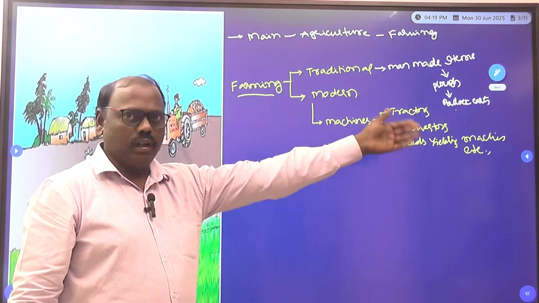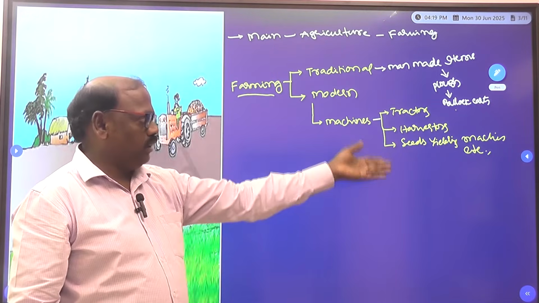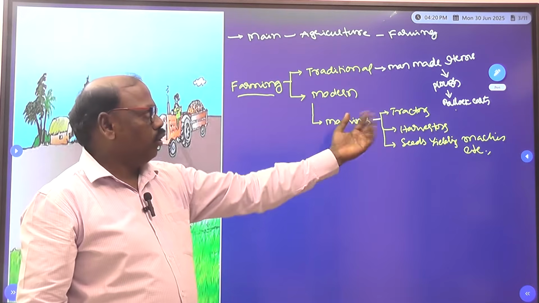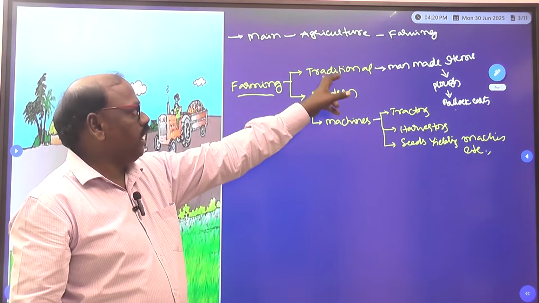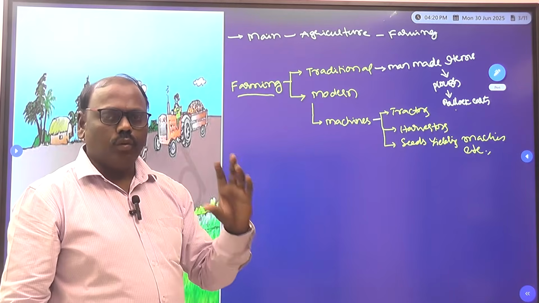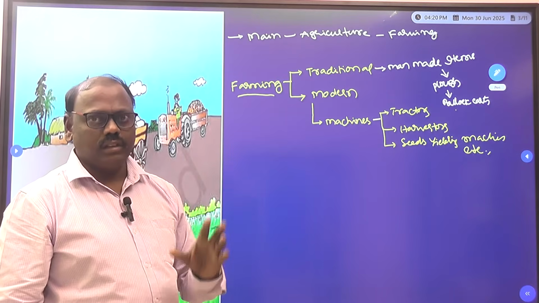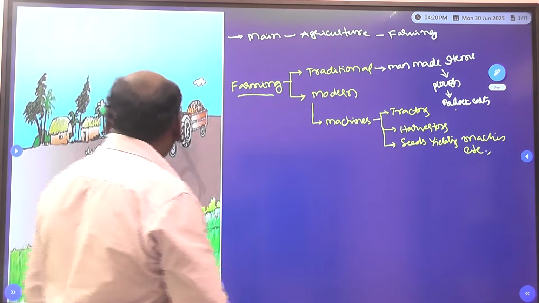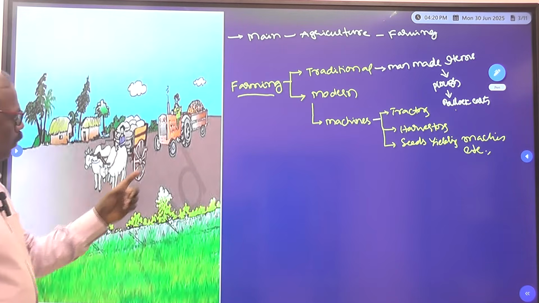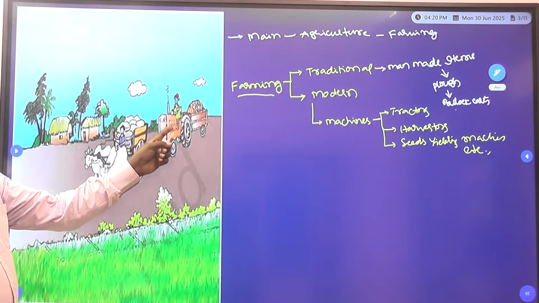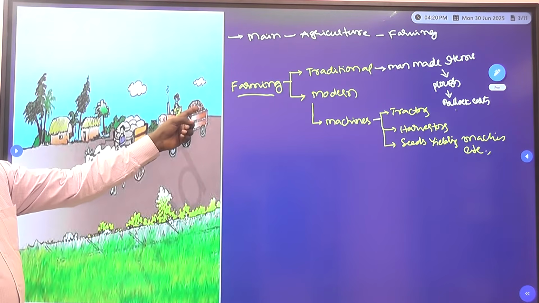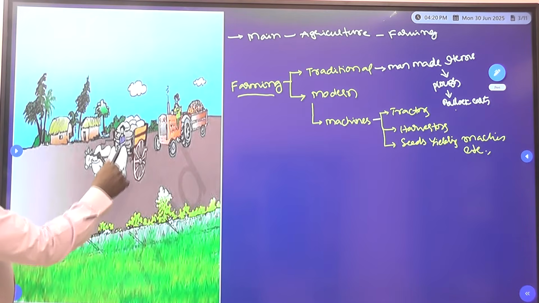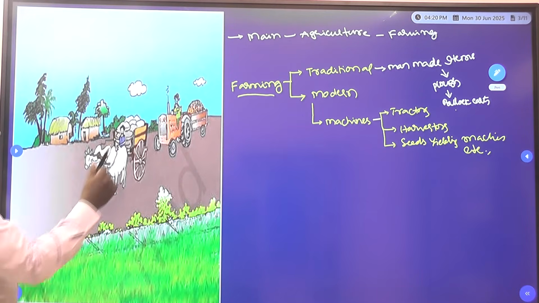So in the upcoming concept, we will see how high yielding varieties come into the picture, and what the differences are between traditional and modern farming. Which farming technique is Palampur following? We will see. Next, here we saw one person is using a tractor and taking some jaggery, and there is another bullock cart taking some rice and wheat bundles.